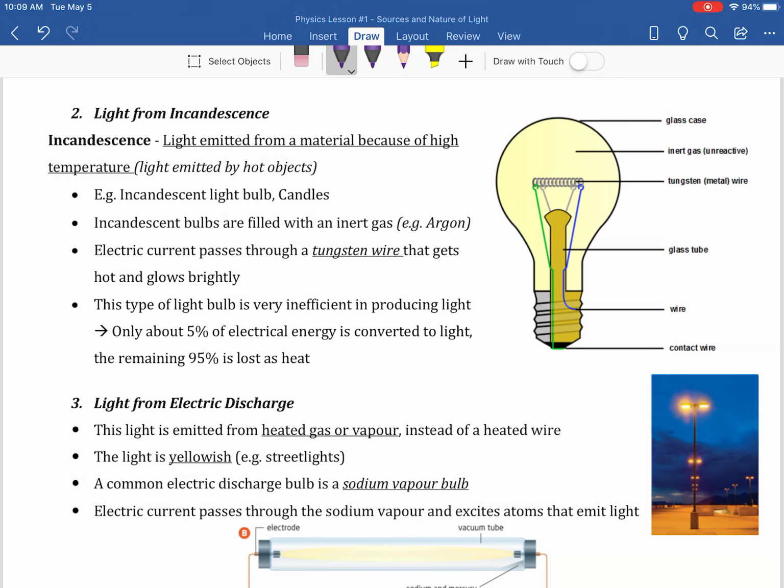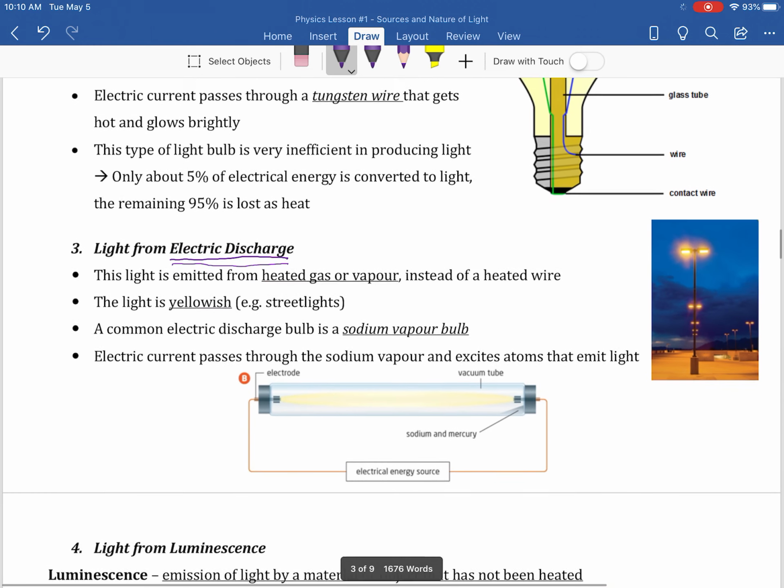And that's what makes incandescent light bulbs so inefficient, because only 5% of the energy that is actually released is light energy. 95% is heat energy. So yes, it works, but it's not very efficient, okay? And I will leave it at that because I know you did incandescent light last year. This is one where we can remember some chemistry, which makes me happy.